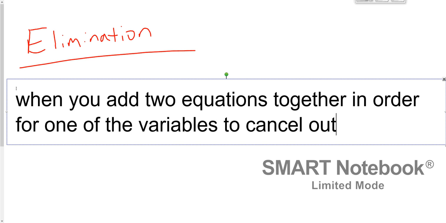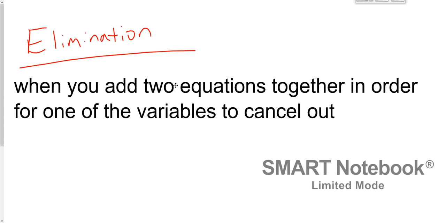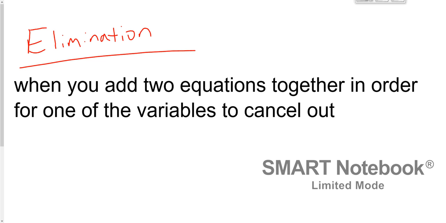So we're not just adding them together for fun. We're adding them together with a purpose. We want one of those variables to cancel out. So in order for that to happen, two things have to be true. One, the equations need to be lined up. And we'll talk about what that means on the next slide.